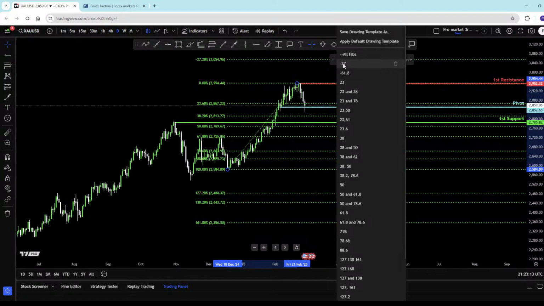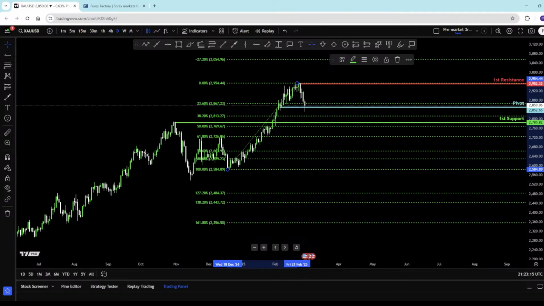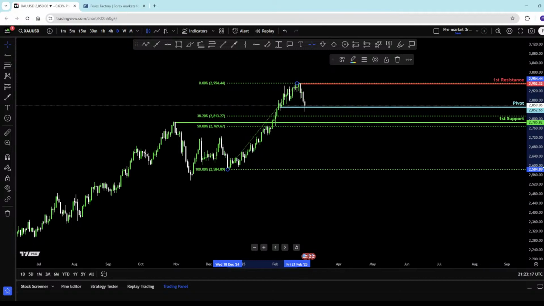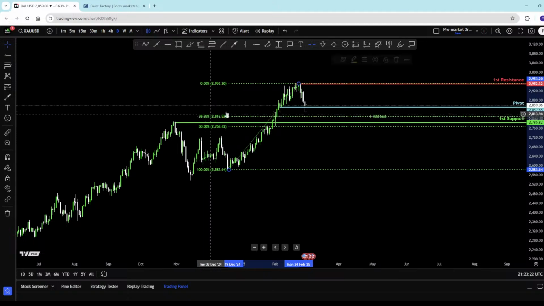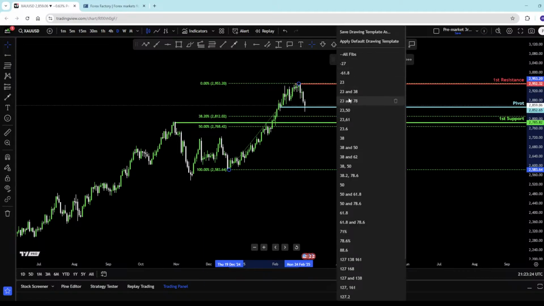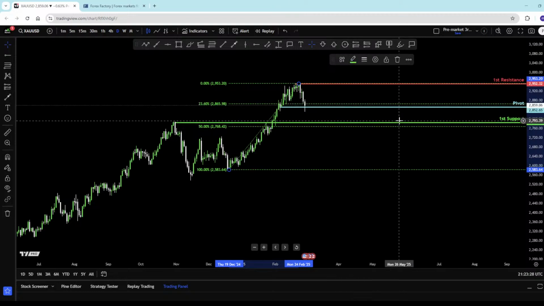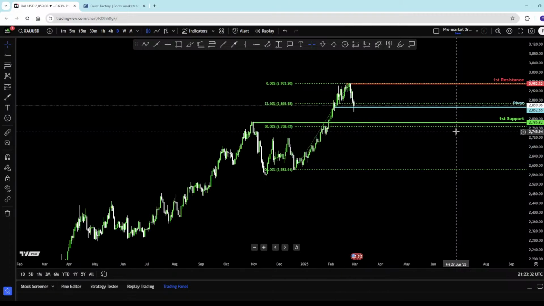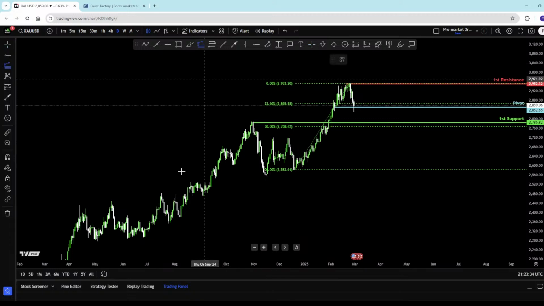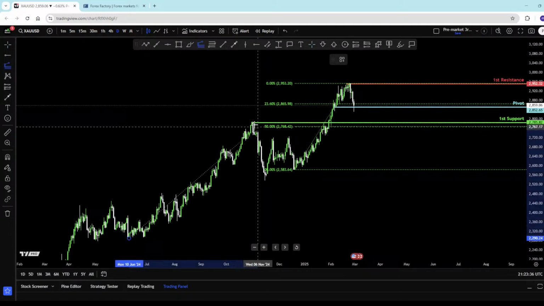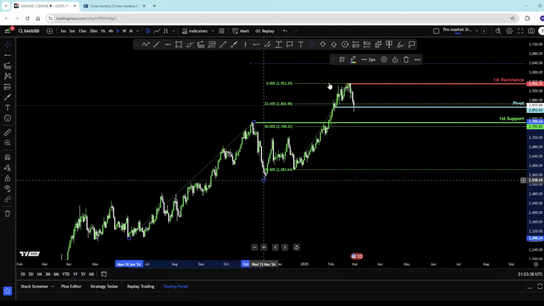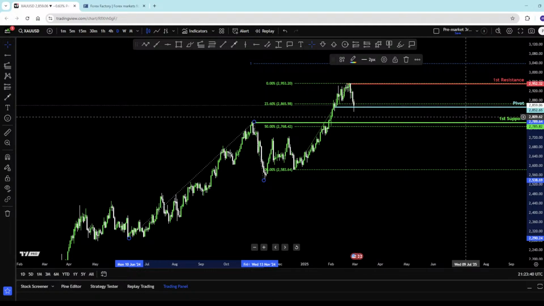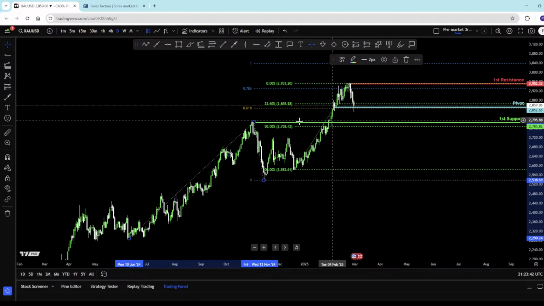Okay, so that 38 and 50 both line up. Well, actually, okay, I think this lines up better. Okay, I'm using a projection as well.